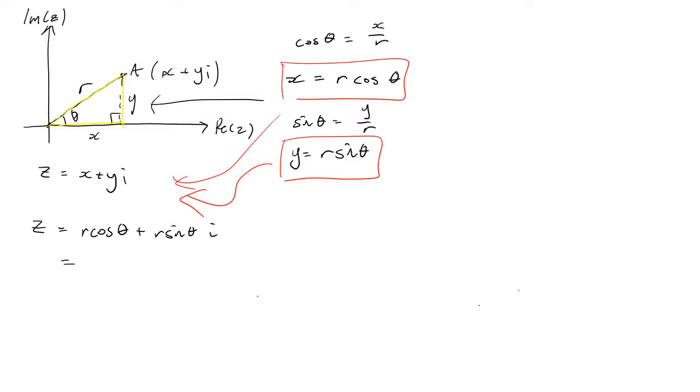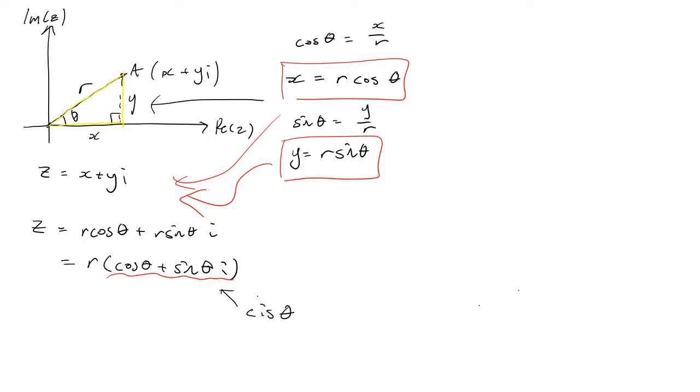We can group that, and it becomes r (cos theta plus sine theta i). And instead of having to write cos theta plus sine theta i every single time we solve a complex number equation, we simply denote this as cis theta.